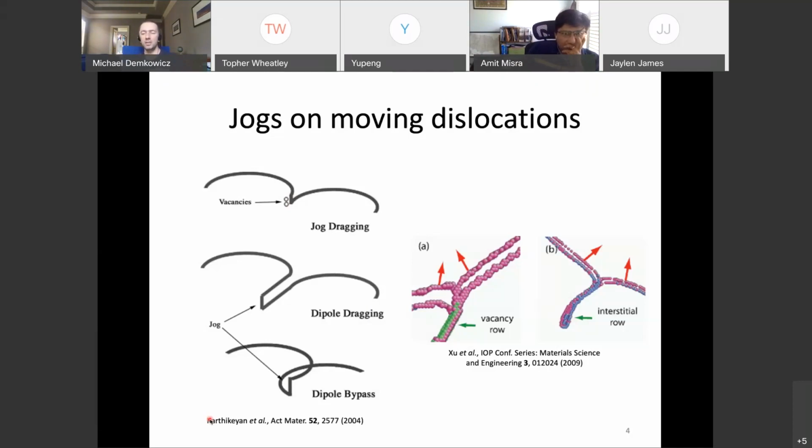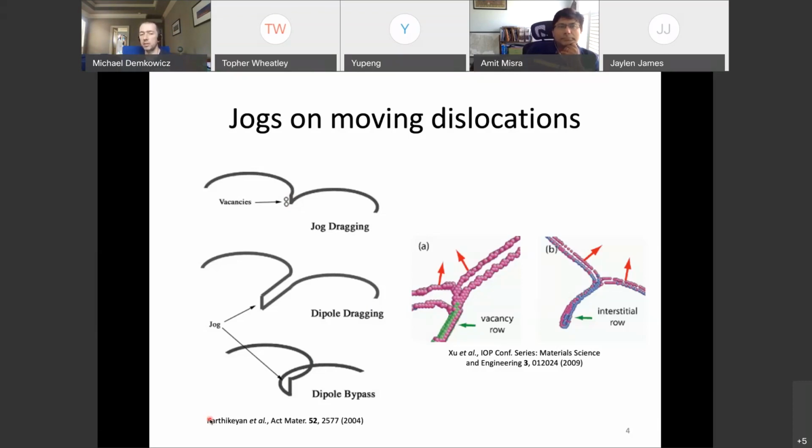The other things that it can do is generate point defects, or it can force the dislocation to adopt this bowed configuration. Right? So these are both things that happen only if you push on the dislocation really, really hard. Right? So you have to be able to exert a very high stress on this dislocation before you actually start generating point defects, and before you start getting these dislocations to bow past each other.